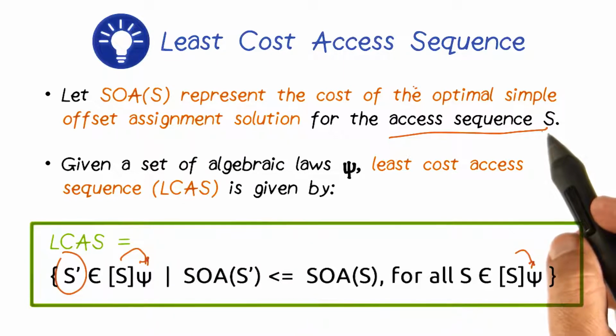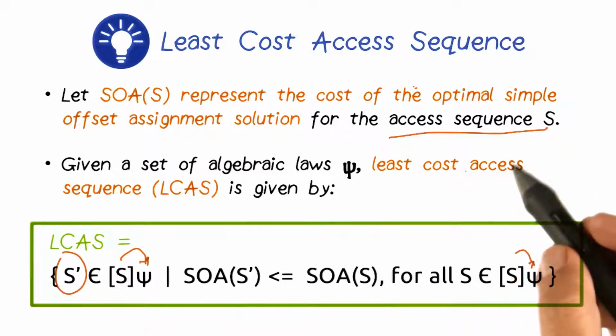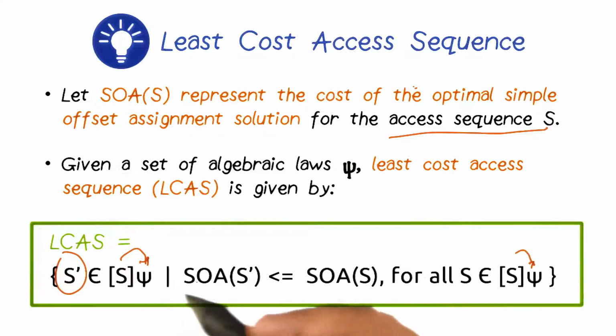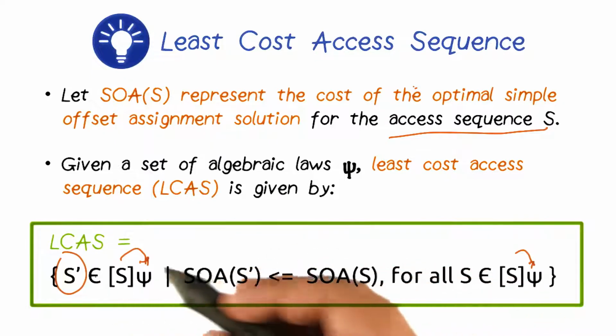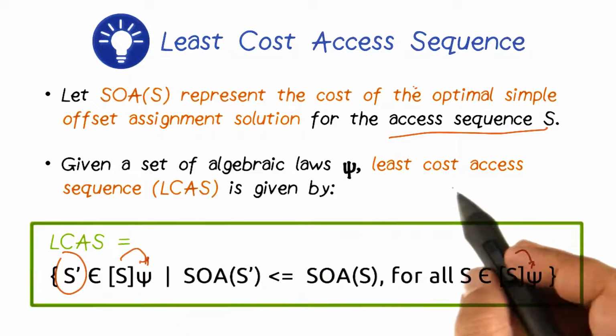The optimal MWPC is what we use here, which gives the least cost. Then we do an algebraic transformation, and we keep applying these transformations and finding new access sequences which are equivalent under commutativity or associativity, and keep finding their costs, and if those costs happen to be lesser or equal, the one which gives the least such cost is what we call the least cost access sequence.